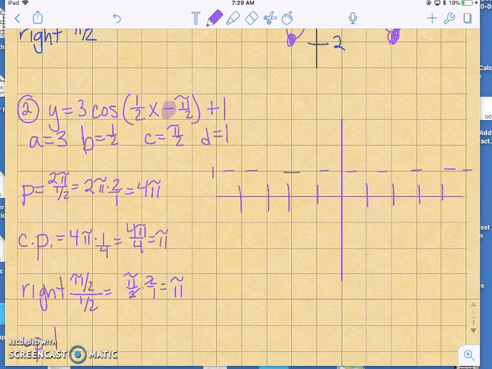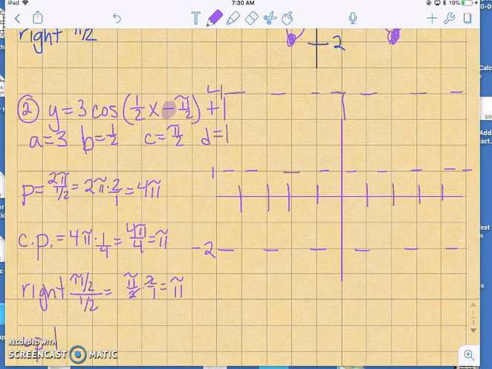Our amplitude is 3. So from this line, I'm going to go up 3, 1, 2, 3. So that's 4. And then down 3, 1, 2, 3. So that's at -2. Because again, the amplitude is how far from the midline. Our midline has always just been at 0.